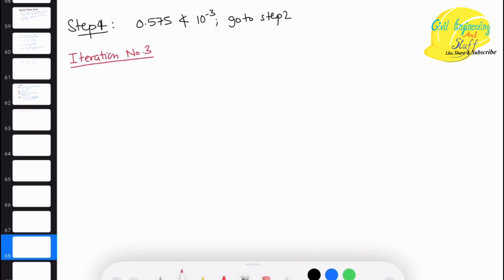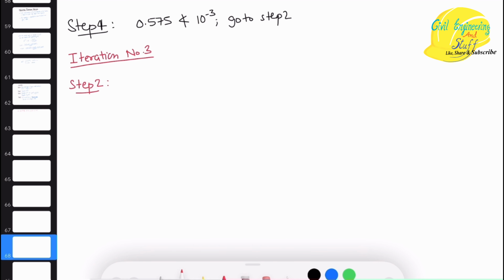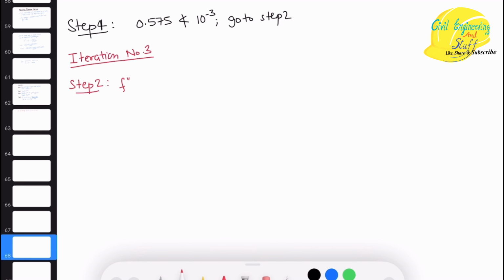Okay, so we're going to do iteration number 3, and in the iteration number 3 we are again going to do step number 2, and step number 2 is to find out the second derivative of the function, right? Second derivative of the function. All right, so your f double dash of, what was the point? The point was 3.099, right?